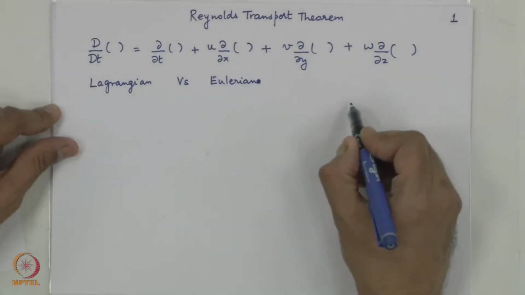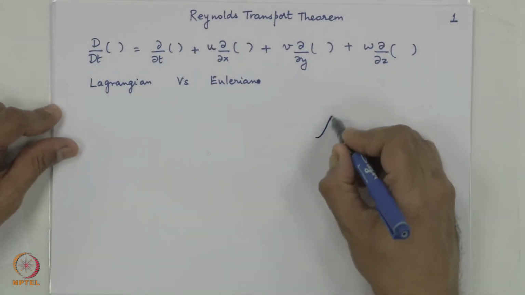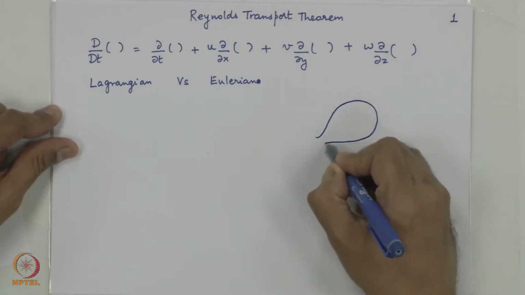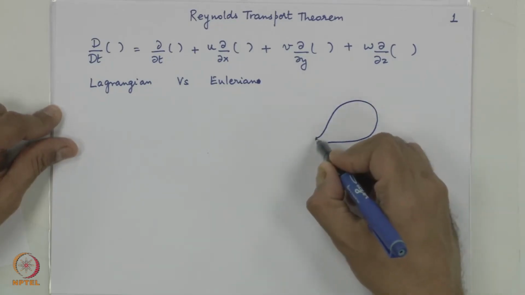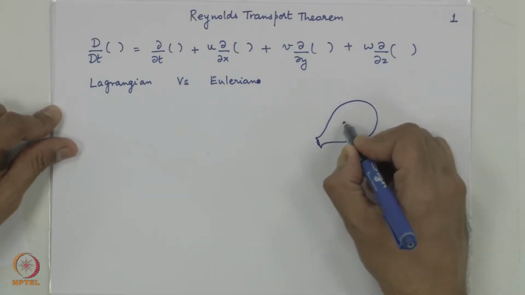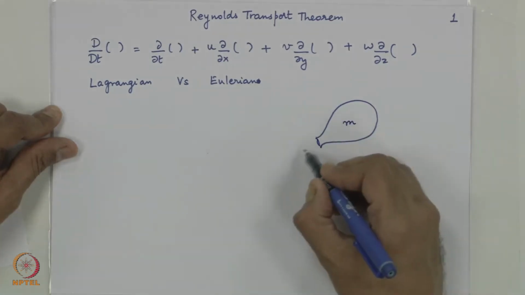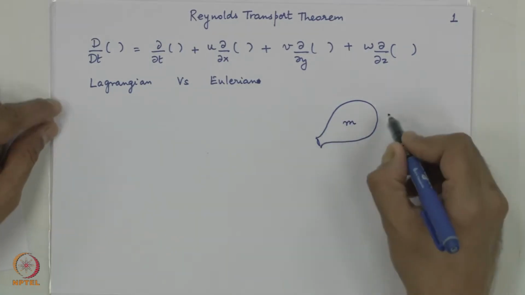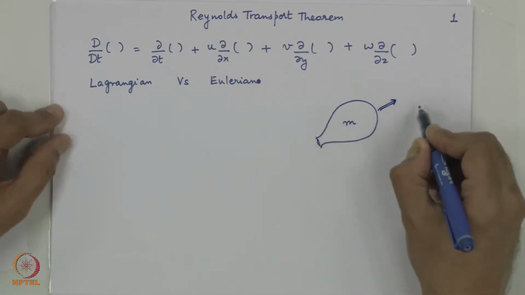So, if I am talking of a balloon, say for example, I have a balloon with some amount of gas in it. I just do not tie the end and release it into the atmosphere.